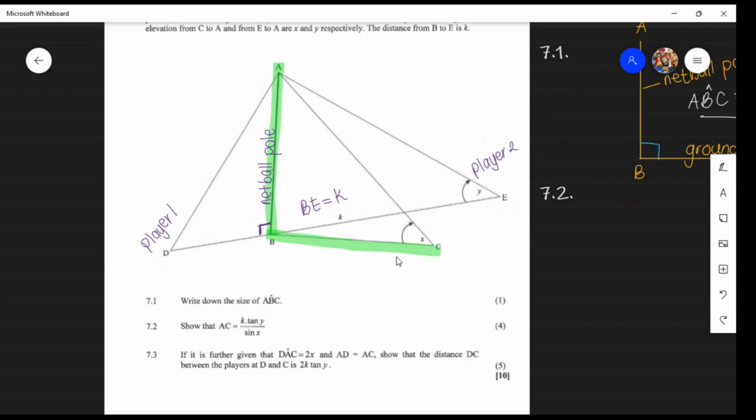Our side AC is from the top of the netball pole to that point C, and the angle of elevation of the side AC from point C is X degrees. If we want to find the side AC, let us use the triangle ABC.